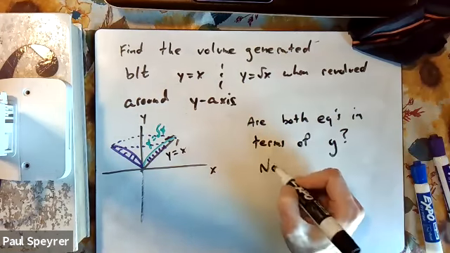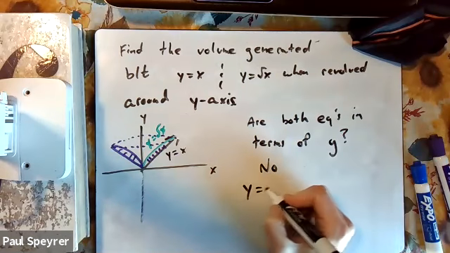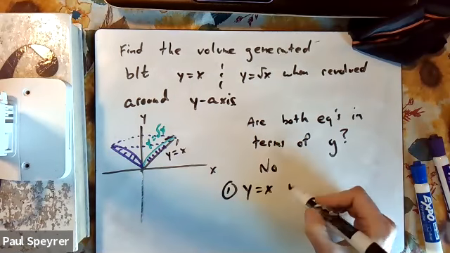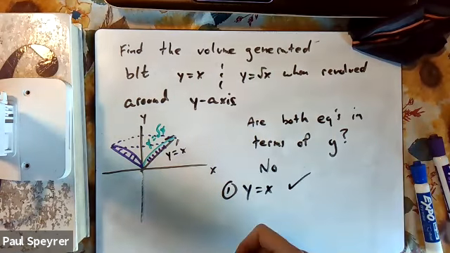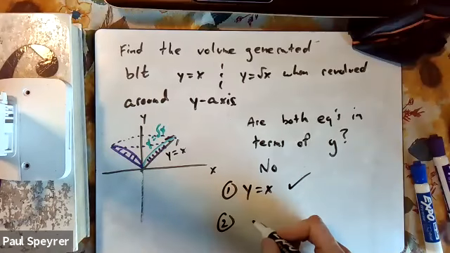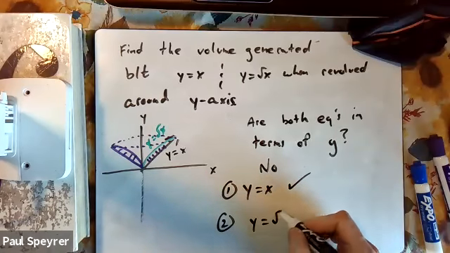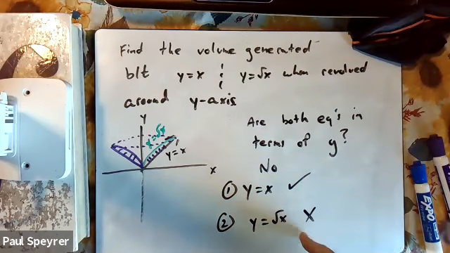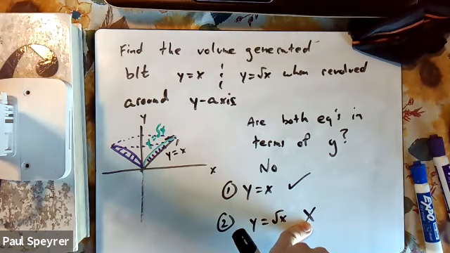The answer is no. So the first one, y equals x, that's okay. The second equation, y equals square root of x. No, it's not. That's not in terms of y. Remember, what does in terms of y mean? It means that your equation has to be x to the first equals whatever.